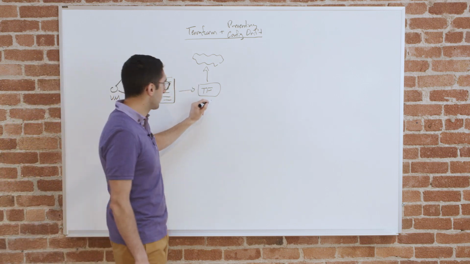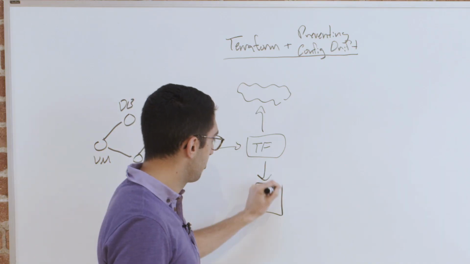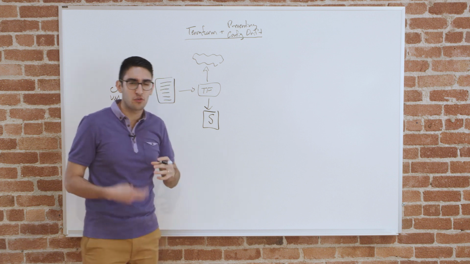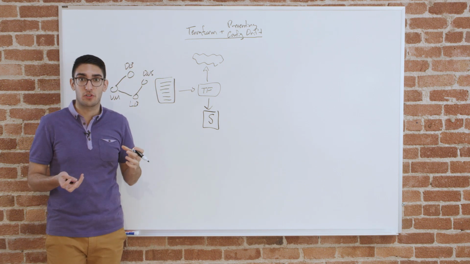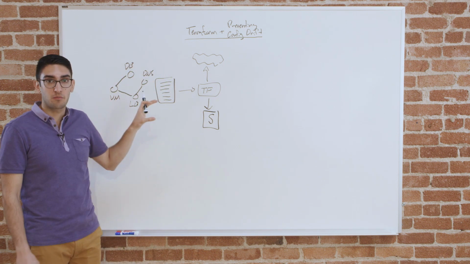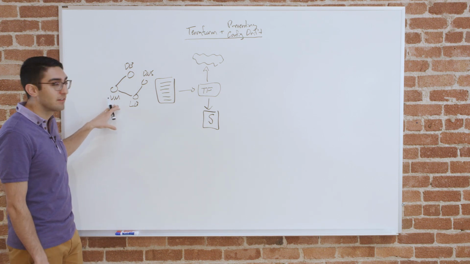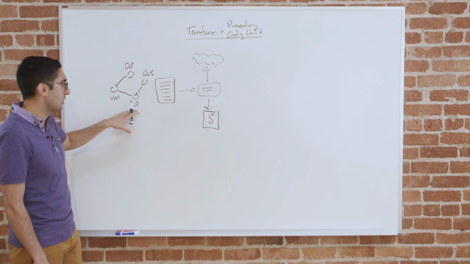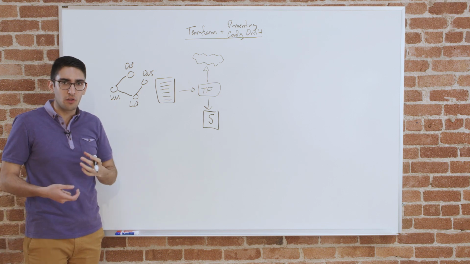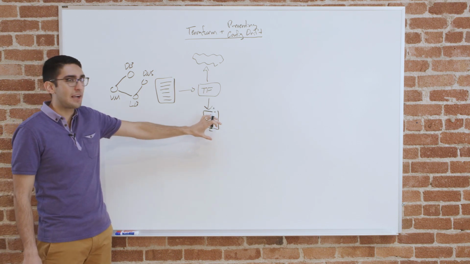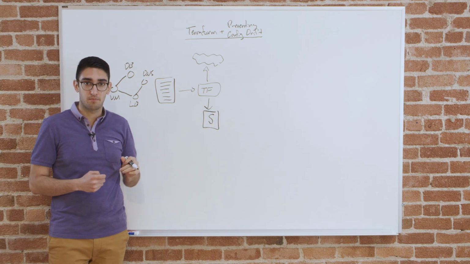As part of that, Terraform spits out a state file. The state file is a way of tracking all of the infrastructure related to this project. So this might be the ID of the virtual machine, the ID of the load balancer, the name of the DNS record, all of those kinds of things. Terraform is going to track all of that and what's associated with this.